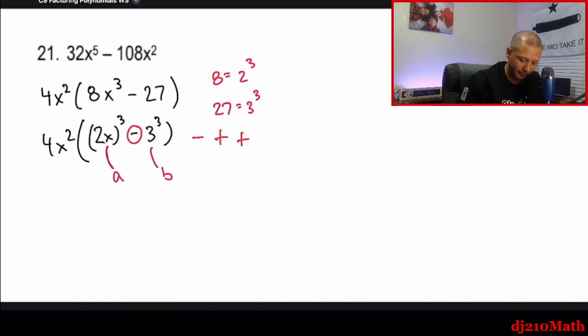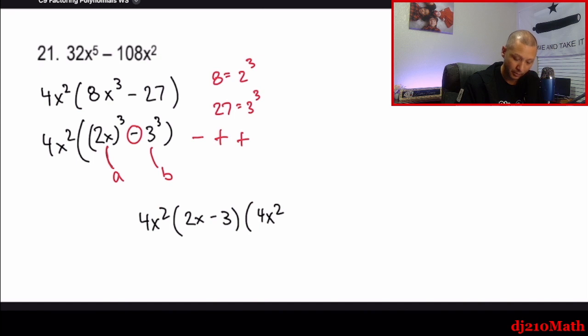So put it all together: 4x squared, a minus b, 2x minus 3, a squared, 4x squared, plus a times b, so 6x plus b squared, which is 9.